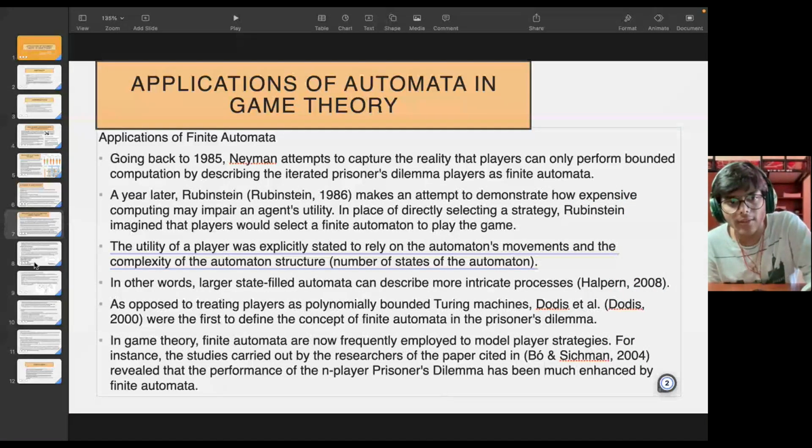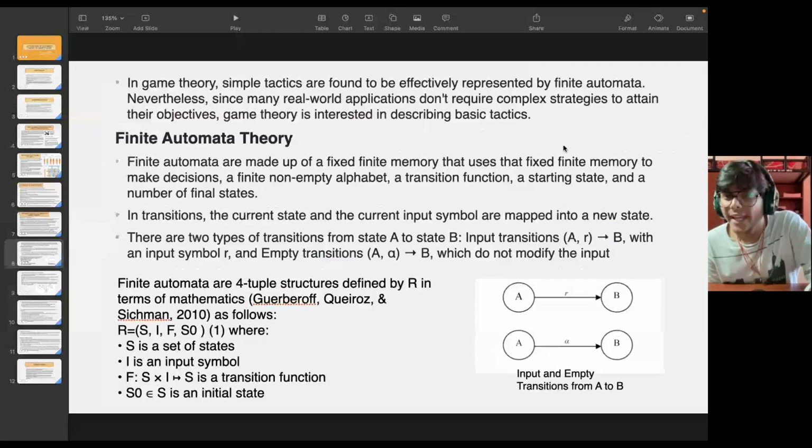Great. Now we will see. In game theory, simple tactics are found to be effectively represented by finite automata. Since many real world applications don't require complex strategies to attain their objectives, game theory is interested in describing the basic tactics, right? Finite automata theory.